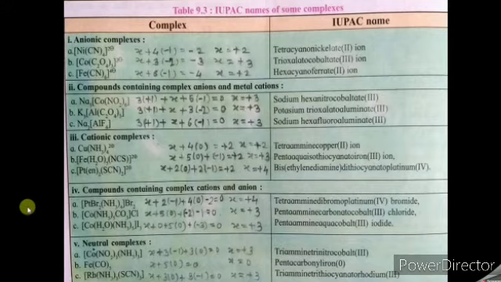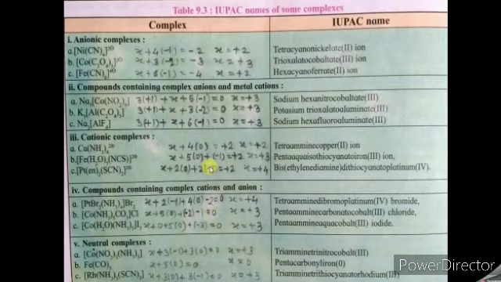Okay. The next one is [Co(NH3)5CO3]Cl. Oxidation state of cobalt is X, NH3 is neutral, so 5 into 0, CO3 is 2 minus, so minus 2, 1 chlorine is outside the bracket, so minus 1, overall compound is neutral, so equal to 0.